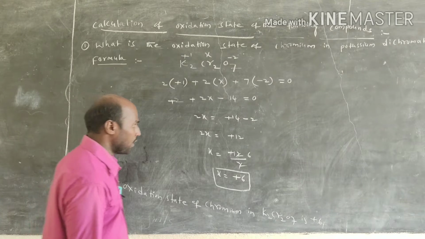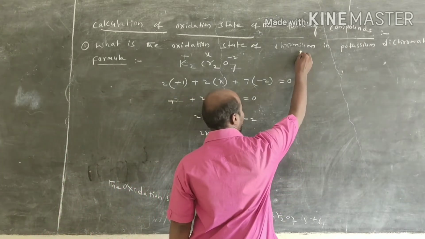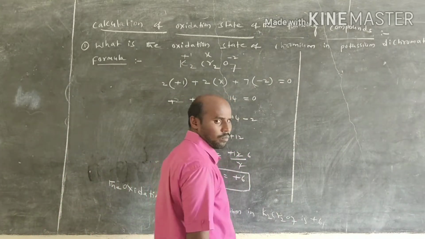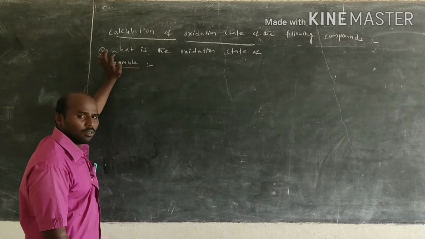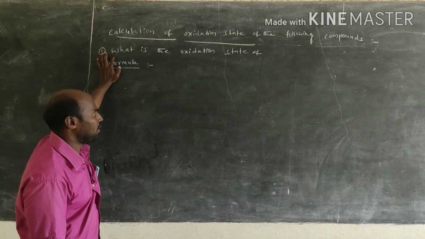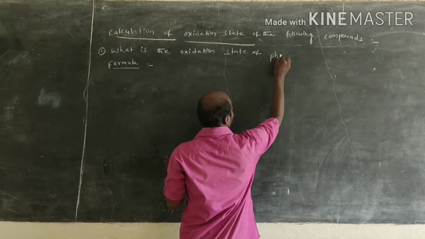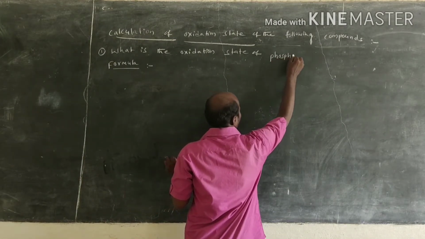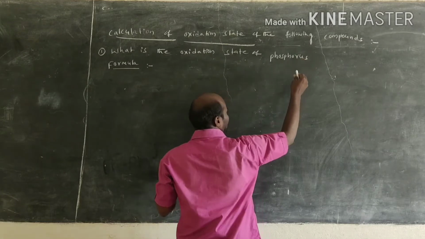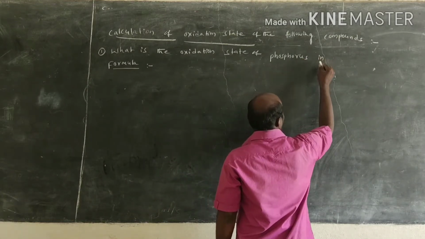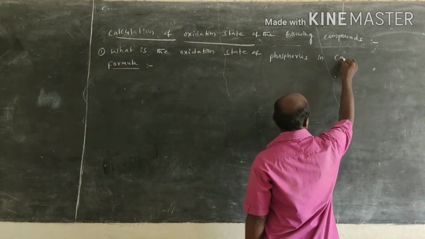So we can take one more example. What is the oxidation state of phosphorus in calcium phosphate?